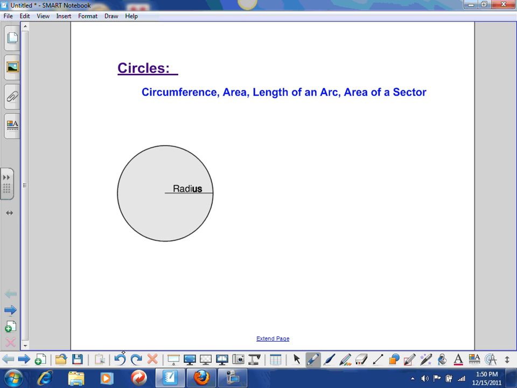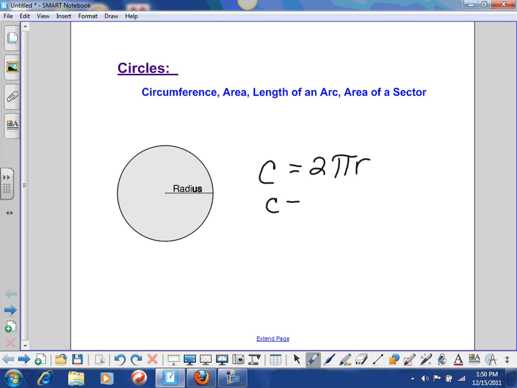So we know that when we're dealing with circles, we're talking about pi. So our circumference, which we'll denote by the letter C, is equal to 2 pi r, r being the radius. Well, we know that when we multiply, it's the commutative property, so we can change the order.